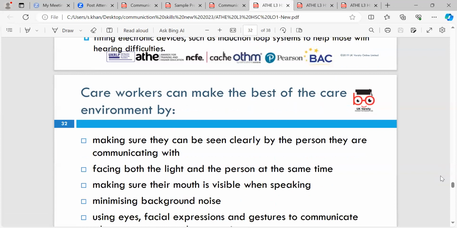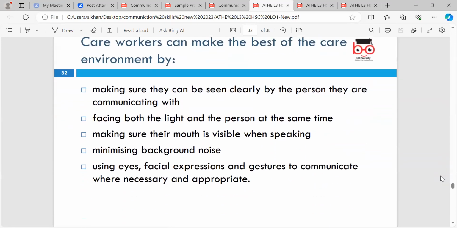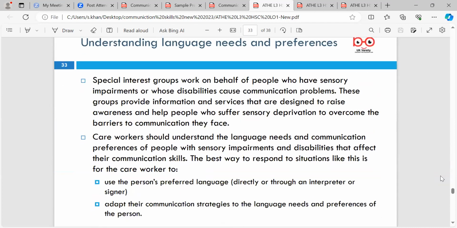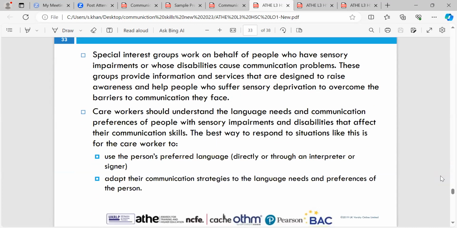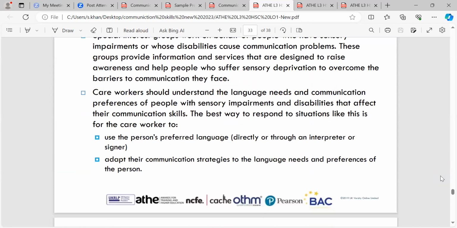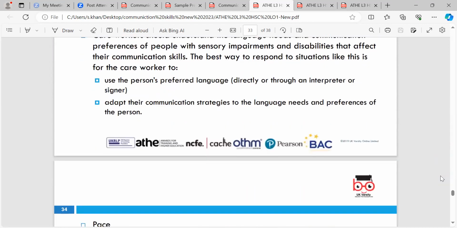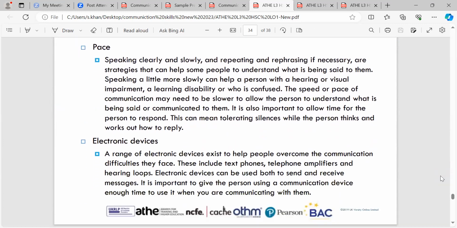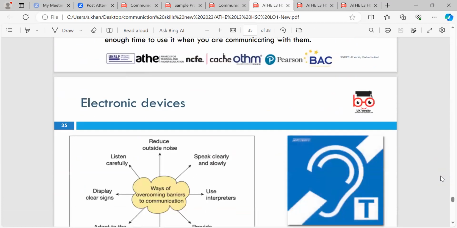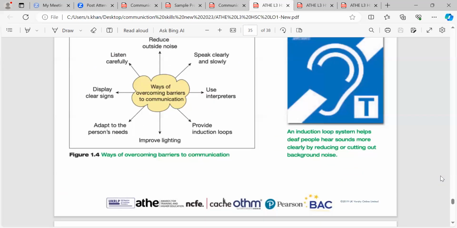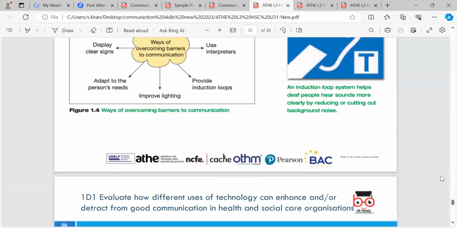Care workers can make the best of the care environment by making sure they are understood clearly by the person they are communicating with, and by understanding language needs. Care workers should understand the language needs and communication preferences of people with sensory impairments or disabilities. We looked at pace and electronic devices such as the induction loop, which helps deaf people, as ways of overcoming barriers.